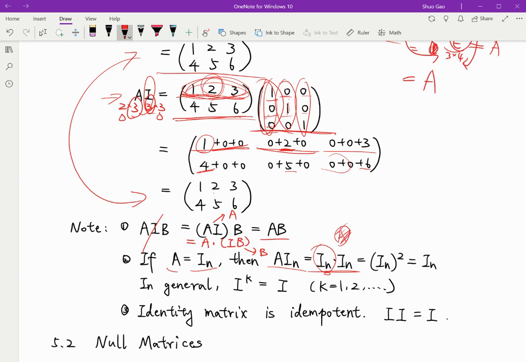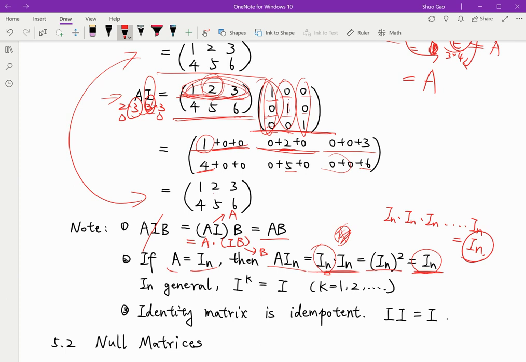So the identity matrix IN times IN itself should also be IN, right? And it is called IN squared, but the result should be IN itself, right? Or IN times IN times IN, or times, anyway, times an infinite number of IN, the result should also be IN. We cannot change that.